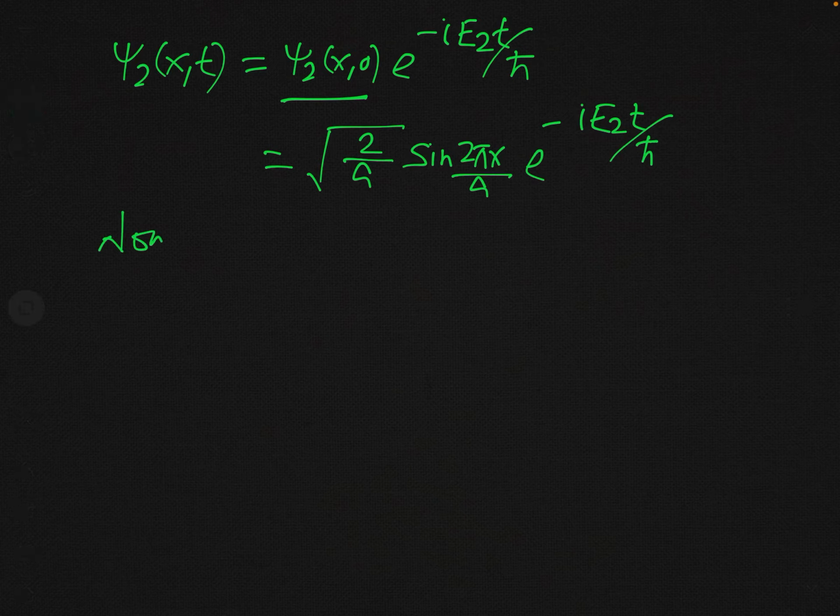Now from the definition of probability density you can easily calculate what will be the probability density of the particle to be in the ground state.